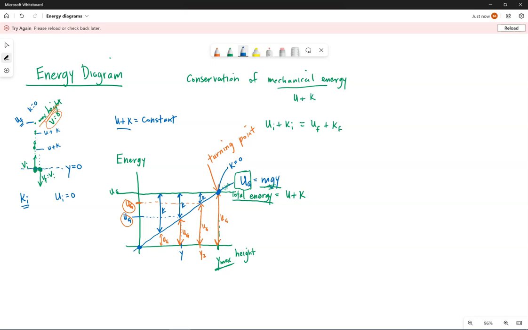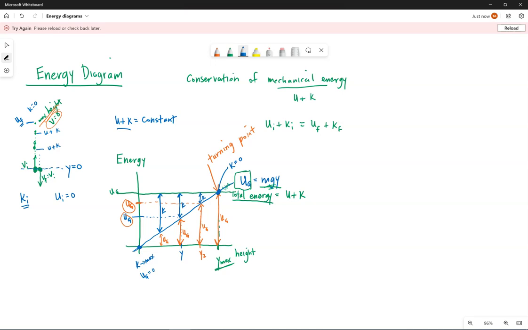Down here at the bottom, the kinetic energy is max, and the potential energy is 0, because the potential energy line is intersecting the origin. So in these graphs, we can easily, just in a picture, relate potential energy and kinetic energy together.